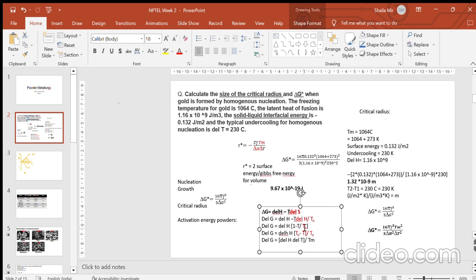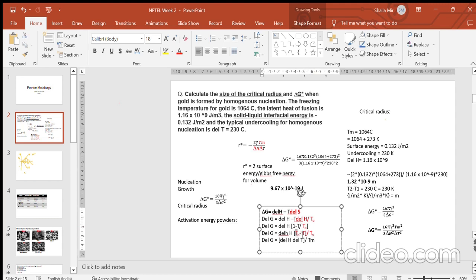So now we have to solve this, which is T naught minus T divided by T naught. But we know that T naught minus T is simply the undercooling, how much we are undercooling it from its melting point. So that we can write as delta T. And this T naught we have written because we are considering the melting temperature here.